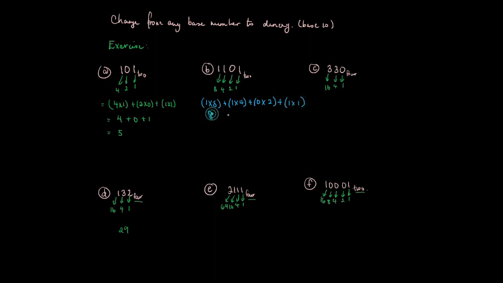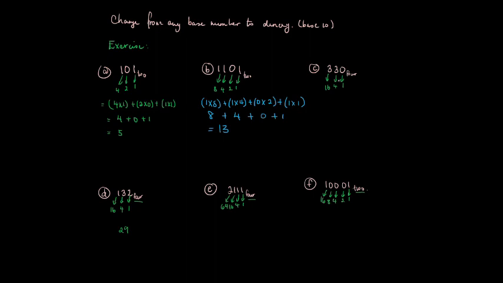And you get 8 plus 4 plus 0 plus 1. 8 plus 4 is 12 plus 1 is 13. So the denary number of 1101 base 2 is 13.